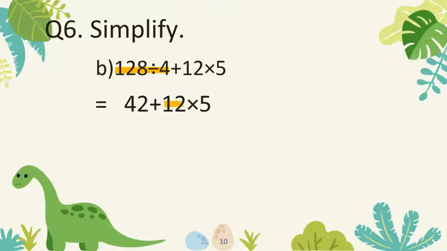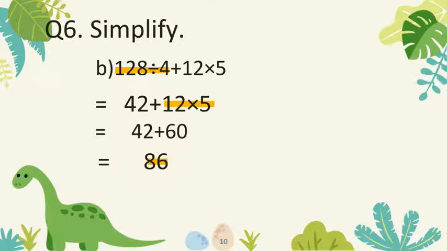Now we will do the multiplication. 12 multiplied by 5 is 60. You will write 42 plus 60. And at the end you will add these two to get your answer as 86. So I hope that now all of you are able to solve the questions by using DMAS rule.